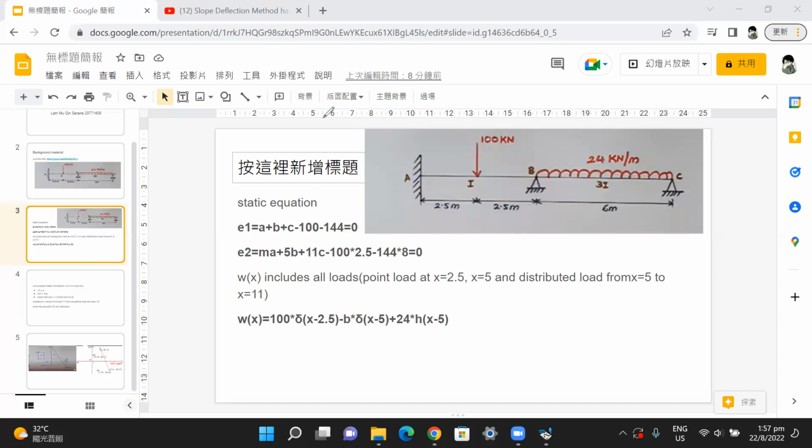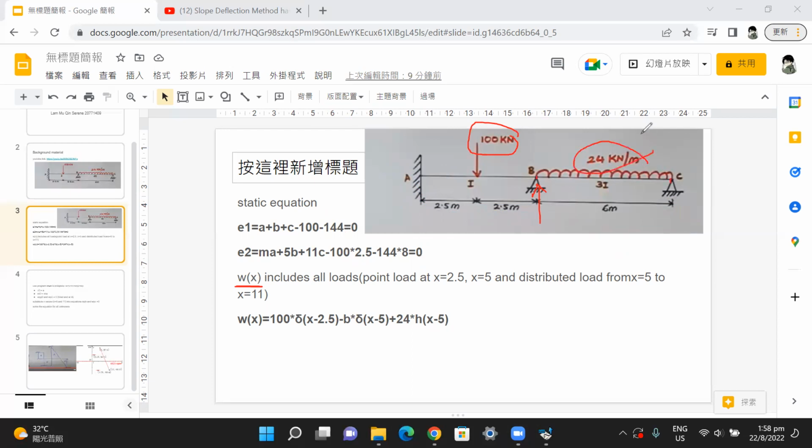Okay, and then we could make a function, we call it Wx, that includes all the loads. The point load at x equals 2.5, the point load at x equals 5, and the distributed load from x equals 5 to the end.